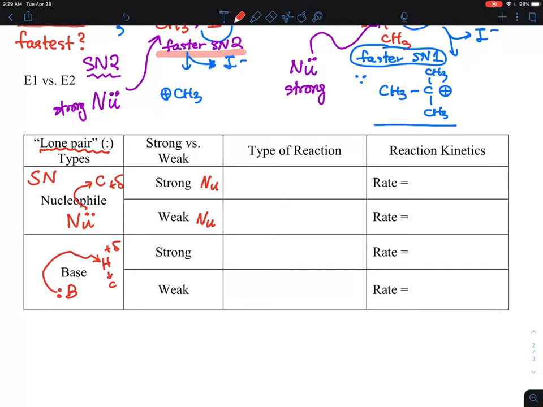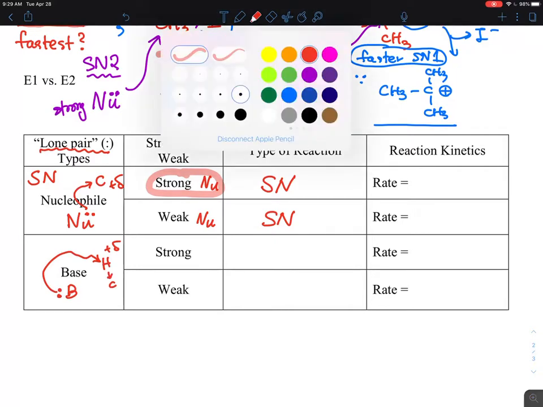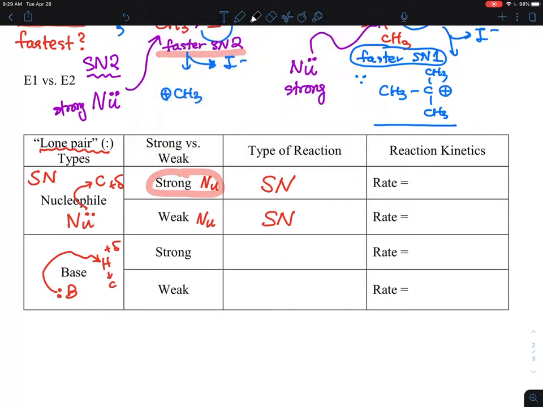The keyword you're looking for is: if I have a strong nucleophile, it doesn't matter what else happens, I just go ahead and trigger the reaction. The nucleophile is part of the reaction, and this is an SN2 type of reaction.